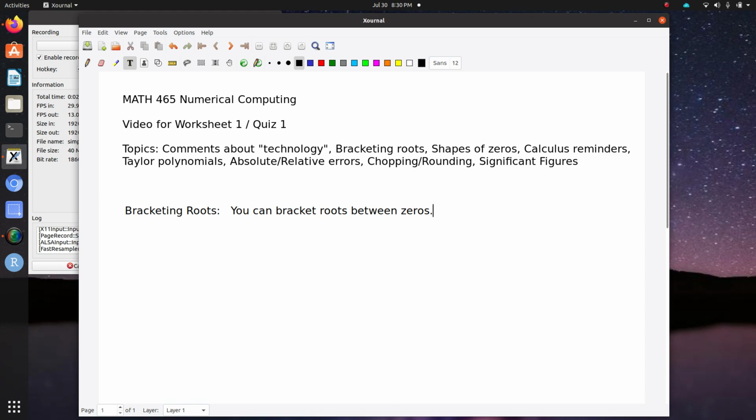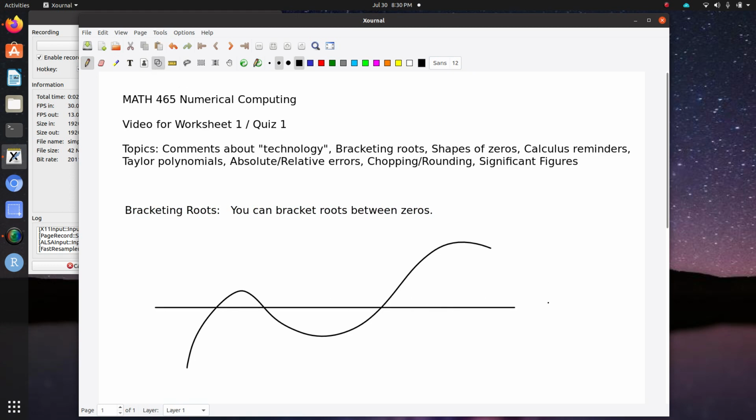For example, if you have some kind of curve and an axis, and you happen to know that at point A on the x-axis your function is positive, and that somewhere at B your function is negative, then you know somewhere between A and B there is a zero, provided all the things that you normally have to say in these situations, like my function is continuous and doesn't do crazy things. So there's at least one zero in this domain.